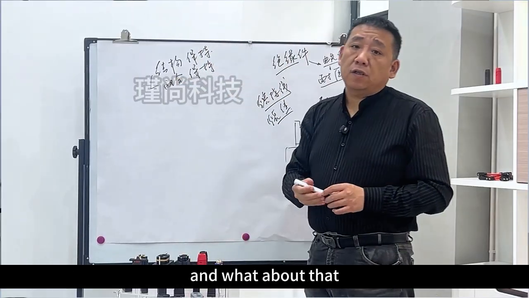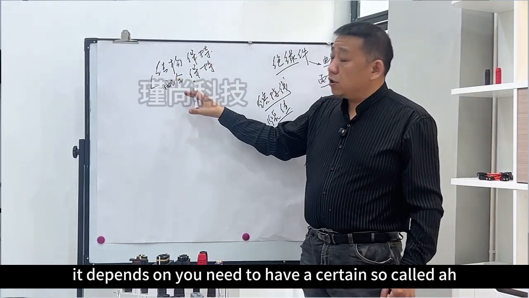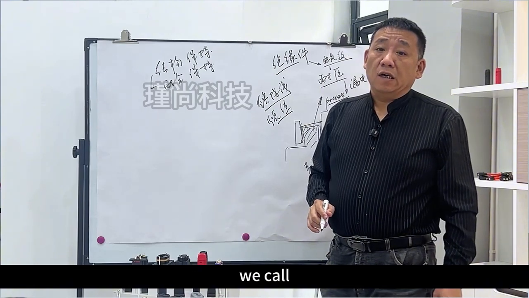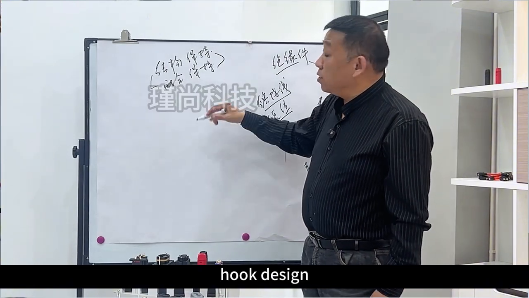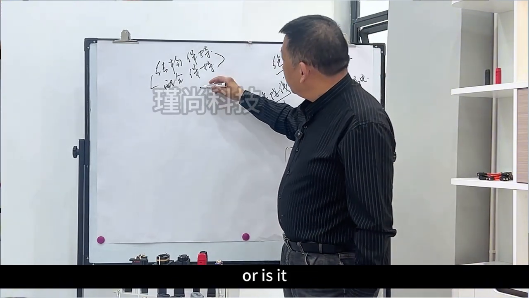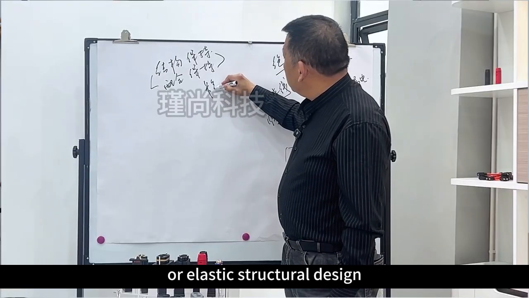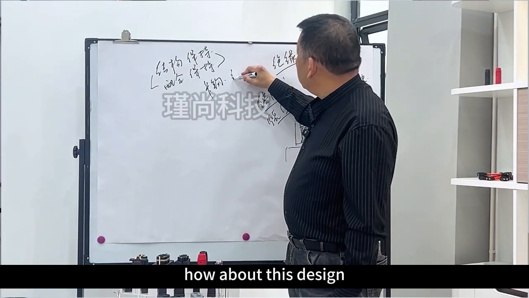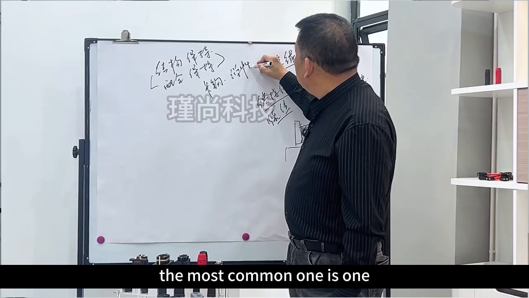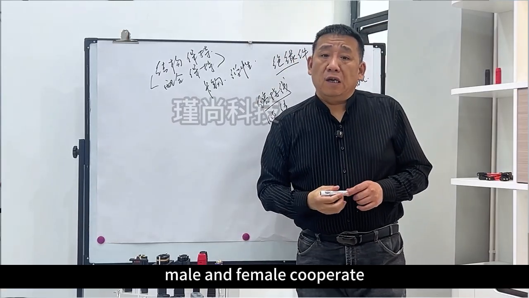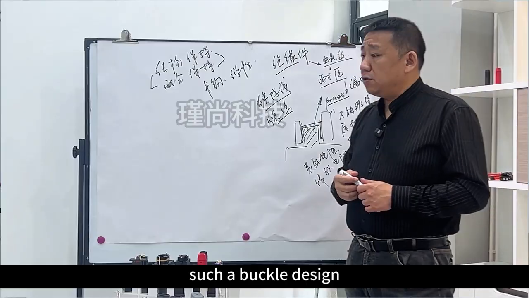What about that? It depends on you needing to have a certain so-called hook design, or an elastic structural design. The most common one is the male and female cooperating, such a buckle design.